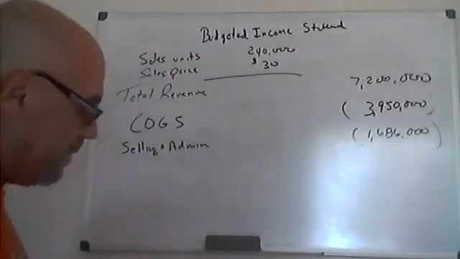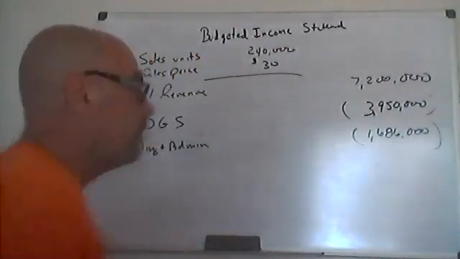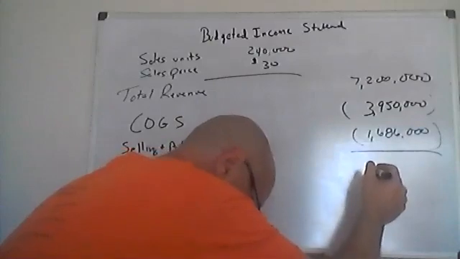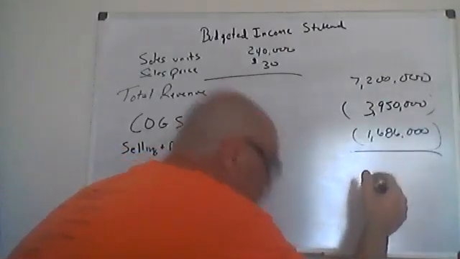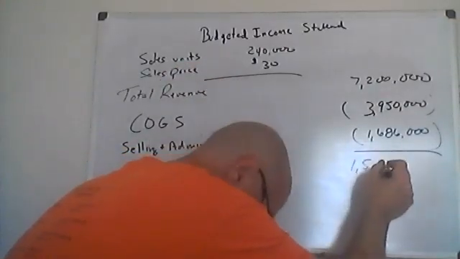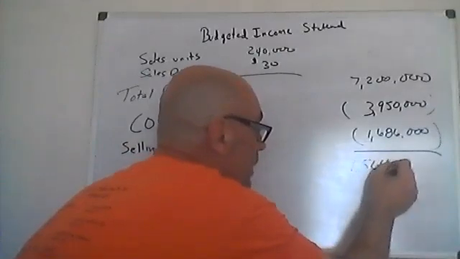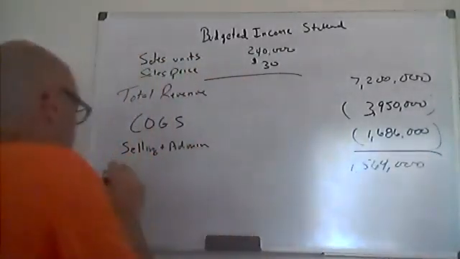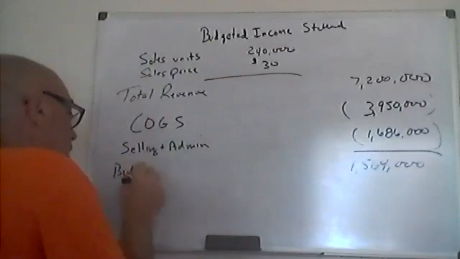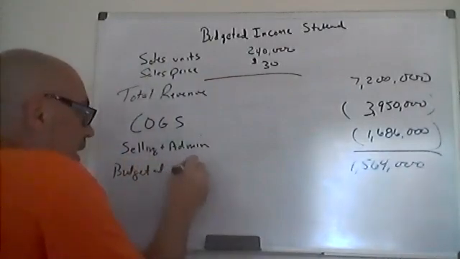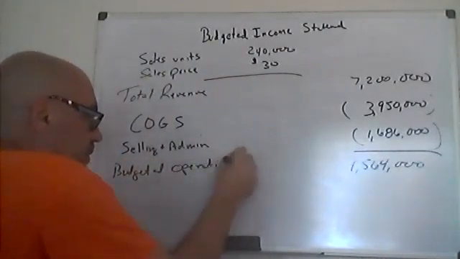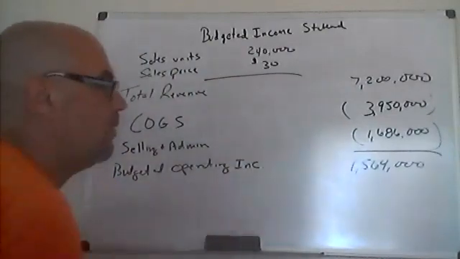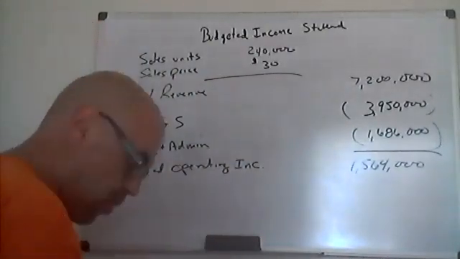We got our selling and admin that we had just done in our last budget. And we get our budgeted operating income of $1,564,000.